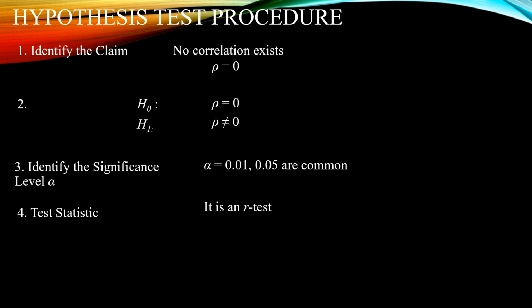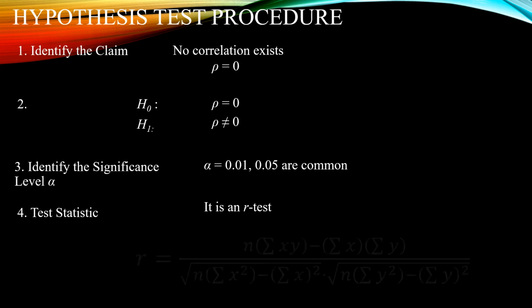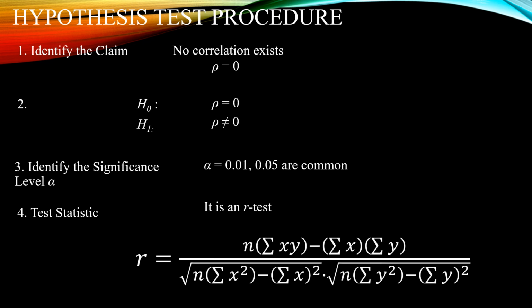So you draw your distribution, and you find your critical region, and in order to test it, you test it with this giant looking equation where you put in the values of the sum of the x values, the sum of the y values, the sum of their squares, and the sum of the product.